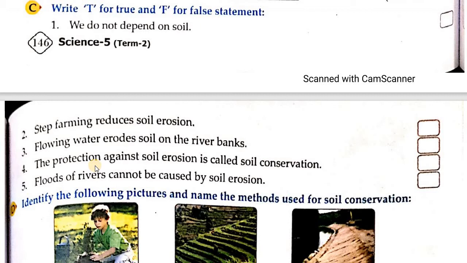Yes, true. Number 5. Floods of rivers cannot be caused by soil erosion. False. We said that soil erosion can cause floods of rivers.